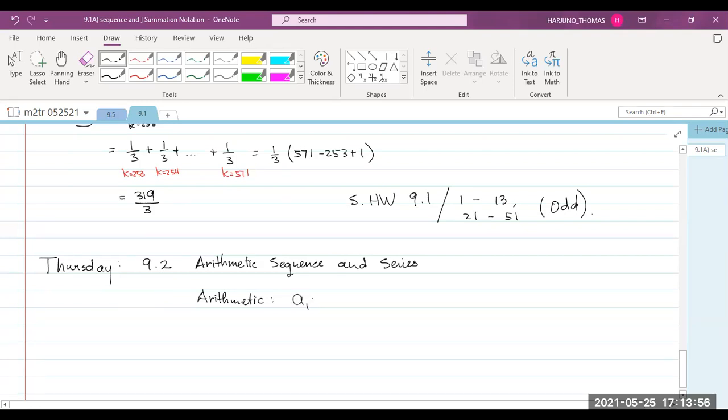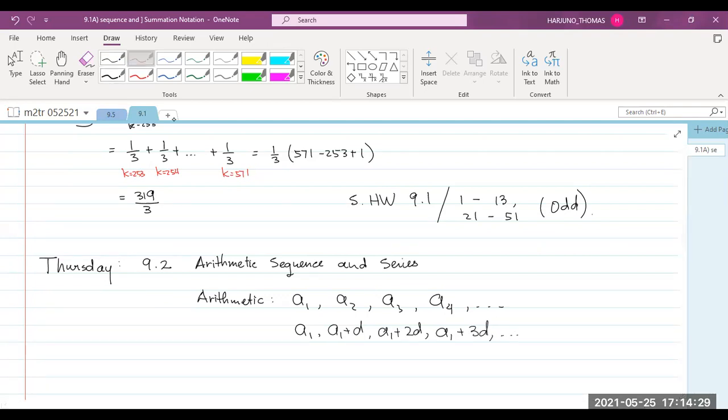The first term to the second term, to the third term, to the fourth term, and on. You keep on adding the same number. So the second term is the first term plus a common difference d, then another difference, and then another difference.